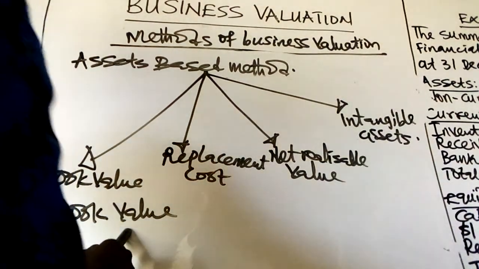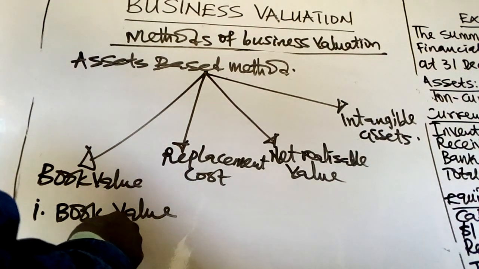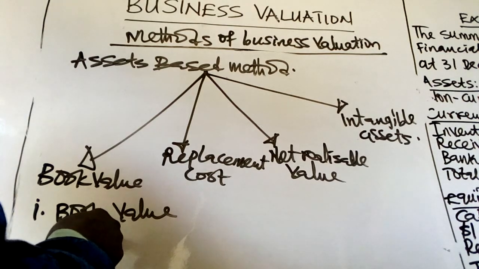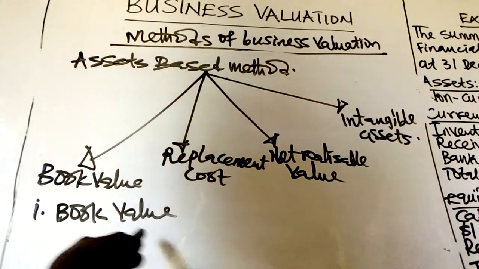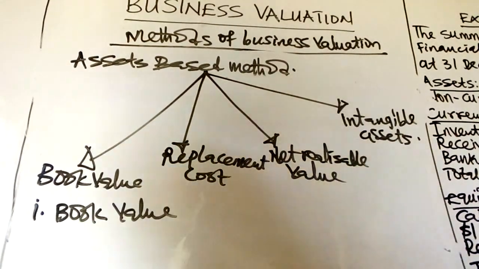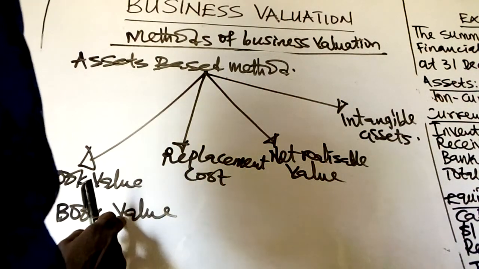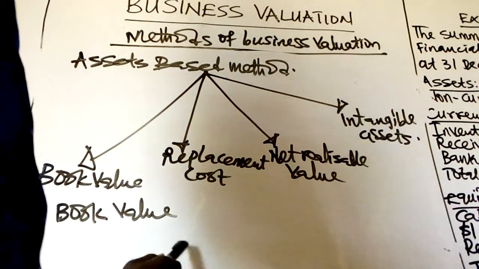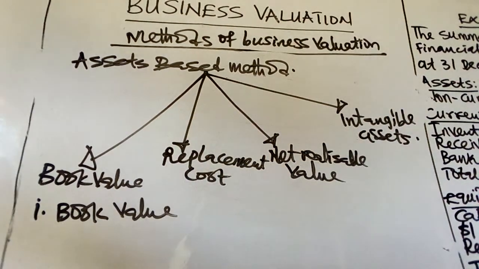Intangible assets are excluded unless they have a market value. Where an intangible asset has a market value, then the market value of the intangible asset will be considered. So apart from that, you are going to exclude the intangible assets such as goodwill when applying this method in valuing business.